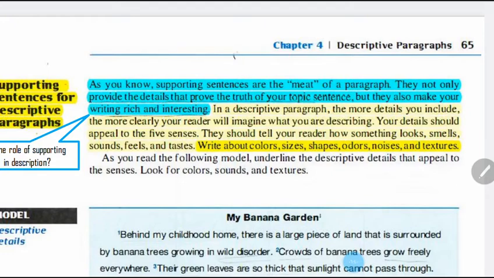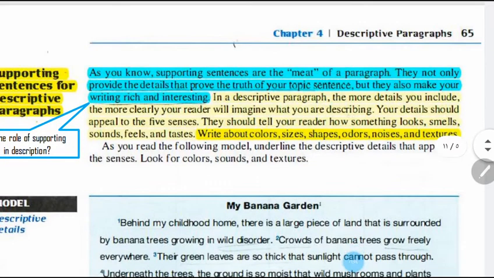When you describe something, you should tell your reader how something smells, sounds, feels, and tastes. So write about colors, size, odors, noises, and texture.